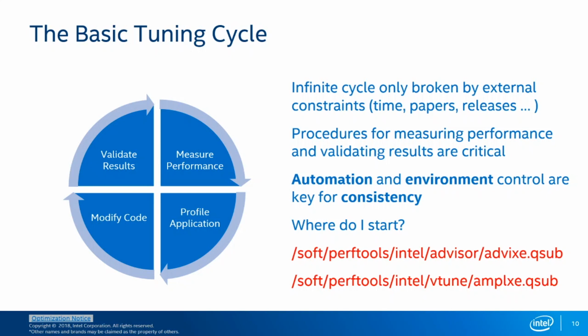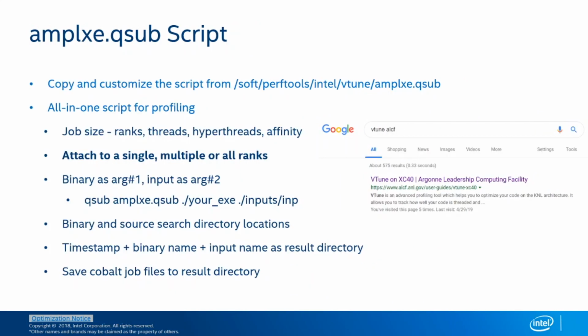So if you go into softperftools, Intel, Advisor, or VTune, you'll see a qsub submission script, and there's quite a bit of things that happen within the script. There's a job setup, like the number of ranks, threads, hyperthreading, and affinity that you can tweak.